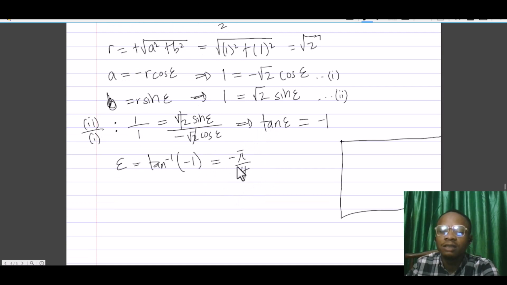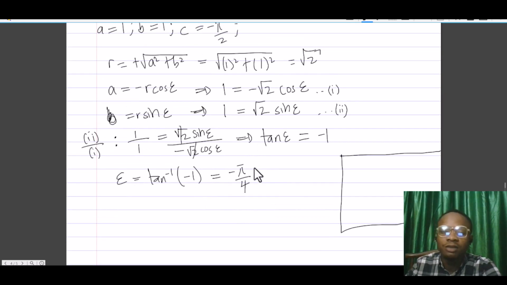For us to get 3 pi over 4 from this, we'll have to add pi to it. And if we add pi to it, what should that do? From our quadrant of angles, we have CAST. The first quadrant, all of them are positive. Second, only sine is positive. Third, only tan is positive. Here, only cosine is positive.